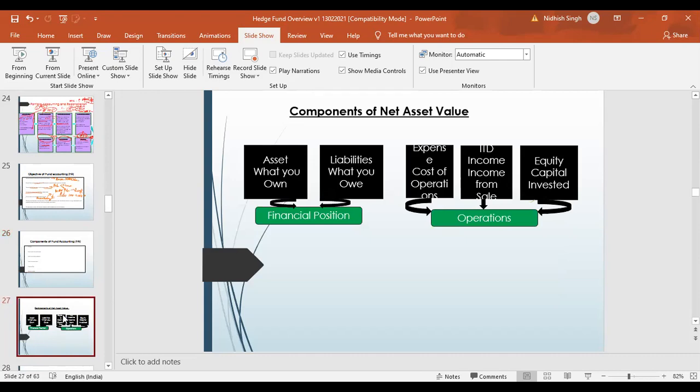All the assets minus the liabilities, and operations will maintain the details of the expenses, cost of operations, income from the security sale, also various other ancillary incomes like interest from cash accounts. This number needs to be maintained as part of the trial balance.